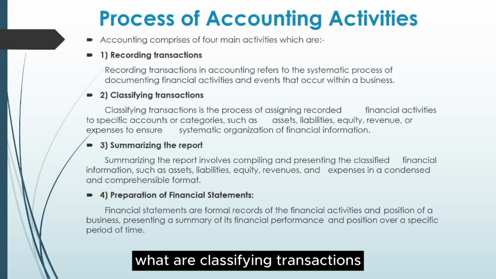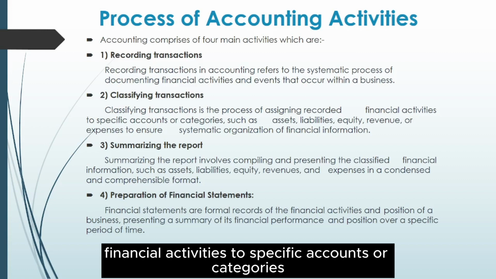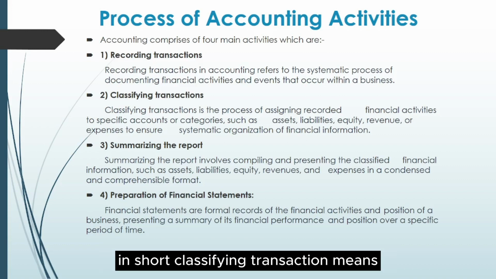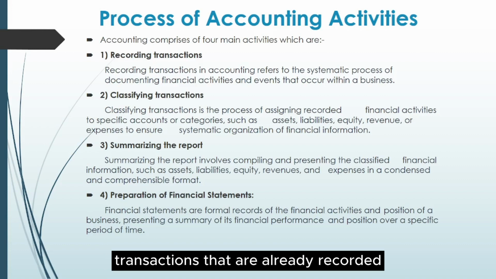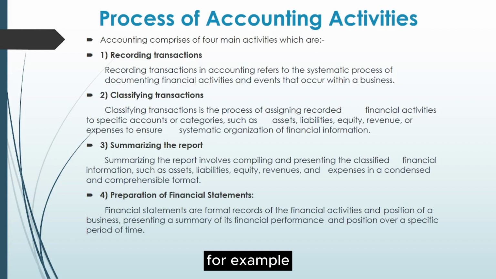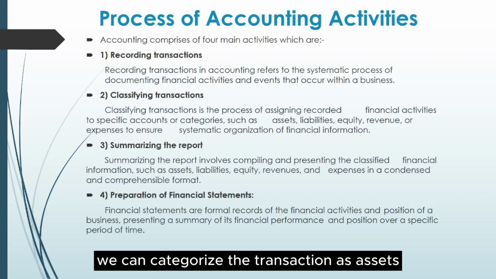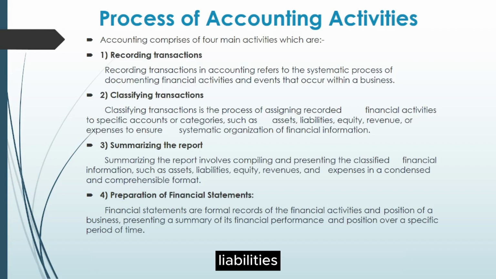What are classifying transactions? Classifying transaction is the process of assigning recorded financial activities to specific accounts or categories. In short, classifying transaction means to categorize the transactions that are already recorded. For example, we can categorize the transaction as assets, liabilities, or expenses.